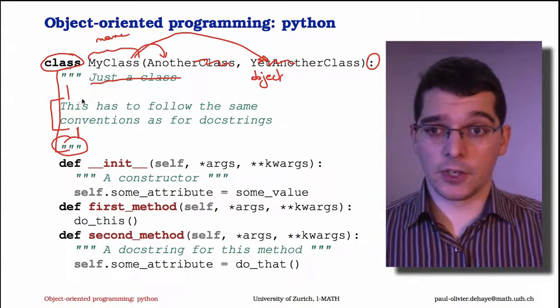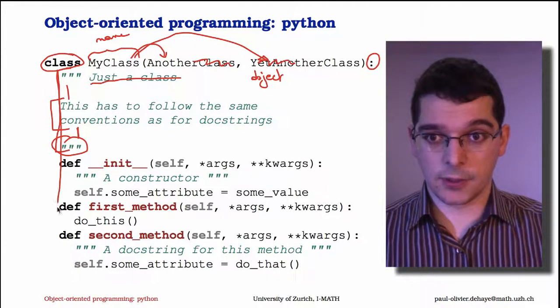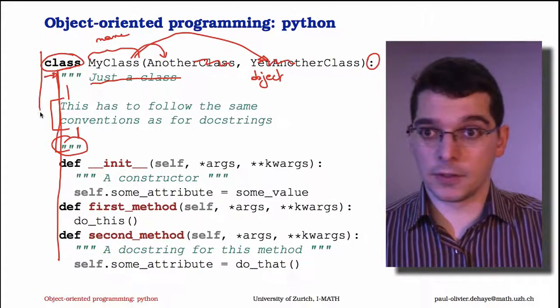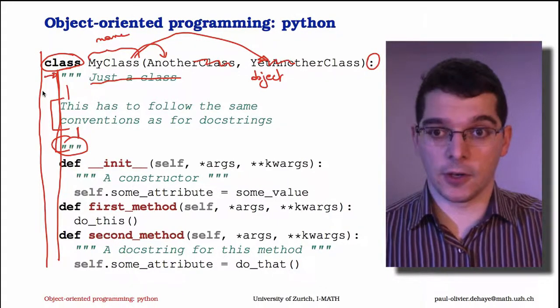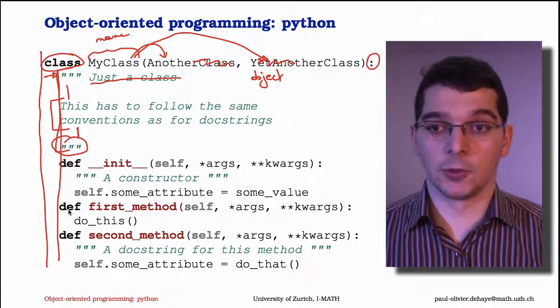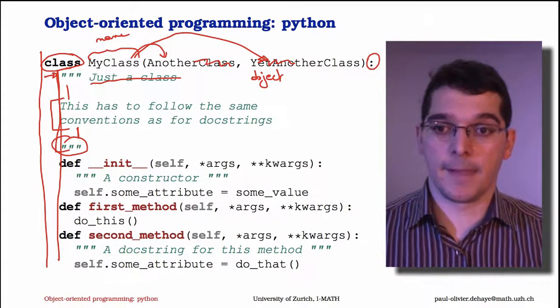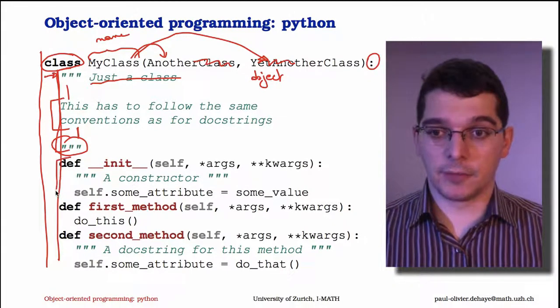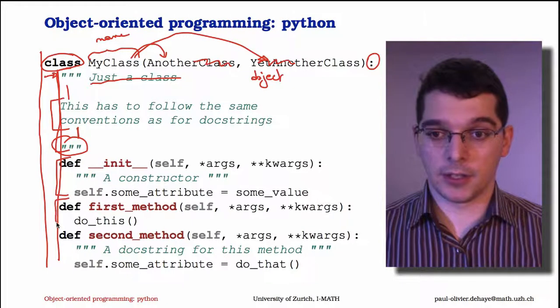Notice that this is indented. This whole thing is indented compared to the line that was the start of the class. It's indented by 2, 3, 4 characters. I took 2 here because it's on a slide. And then what follows is a bunch of function definitions within the body of that class.